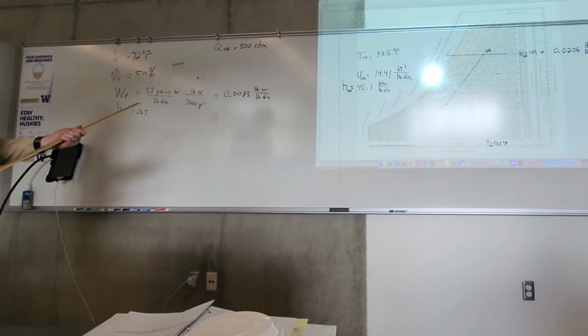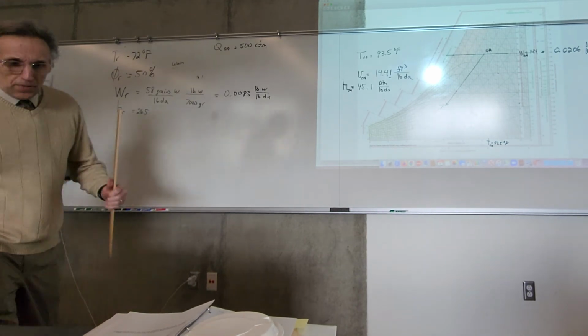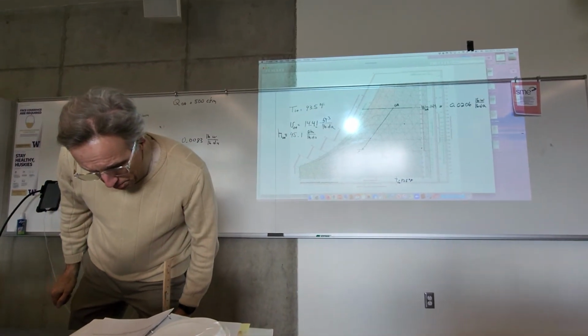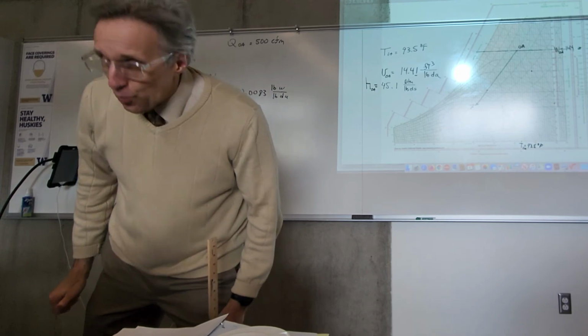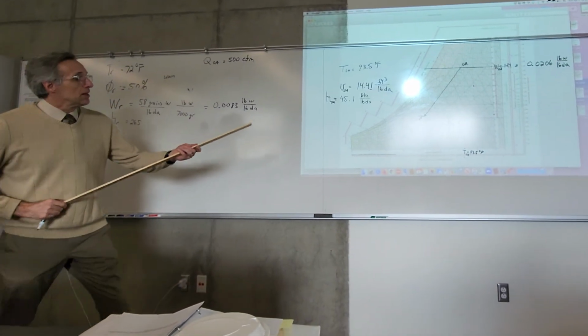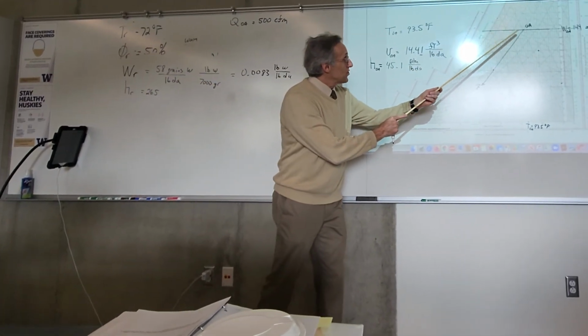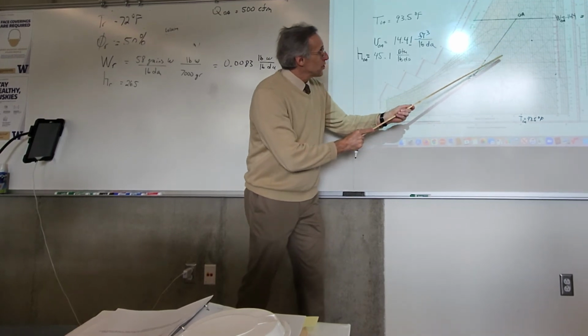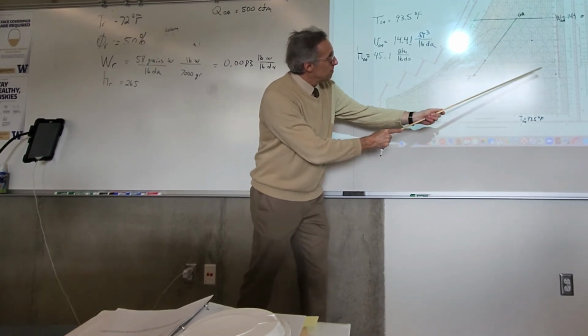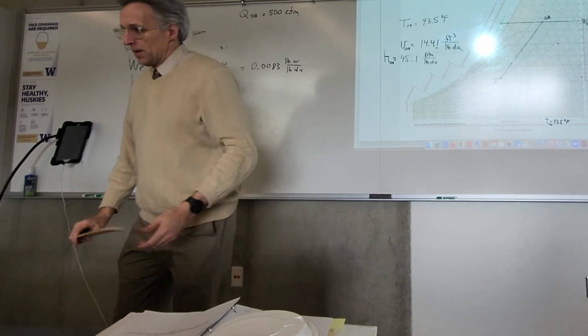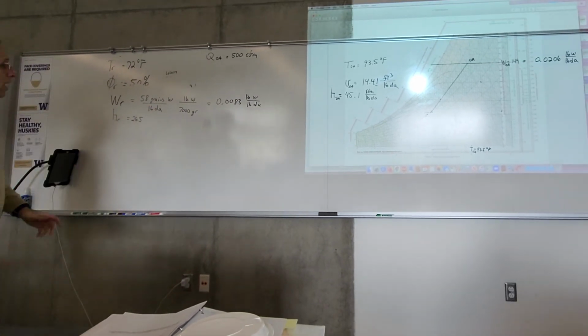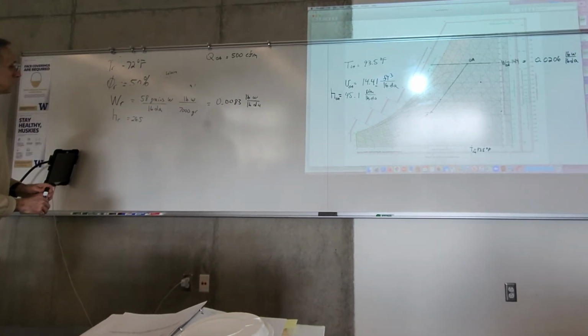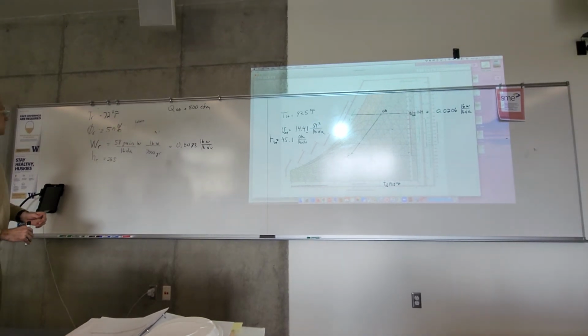Now we want to figure out the rate of energy removal and the rate of water removal, because we're cooling, so we're obviously reducing the enthalpy, but we're also reducing the water vapor component. So how do we do that? Well, now we're going to do a first law analysis.